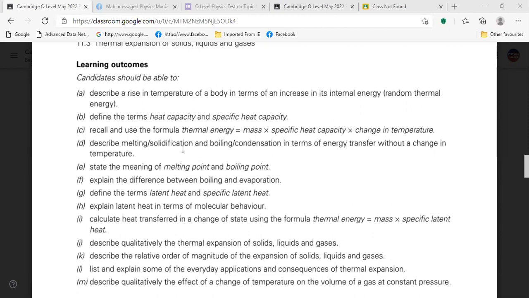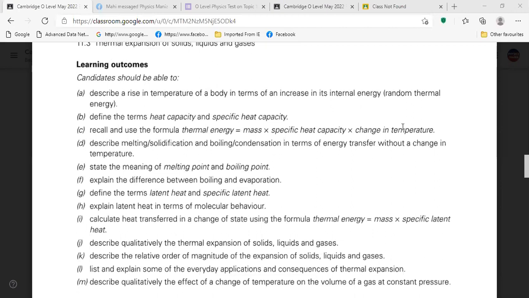An external source, like the surroundings, can be the external source, or we can give heat from anywhere, from the heater, from the stove, or anywhere we can give the heat.